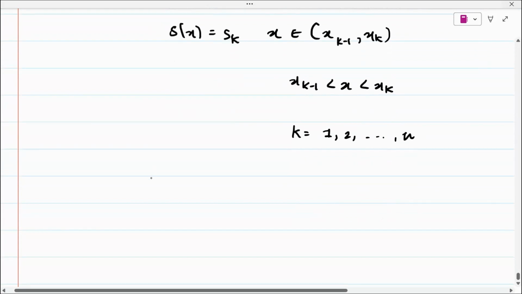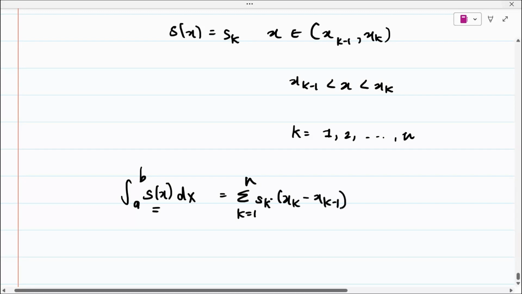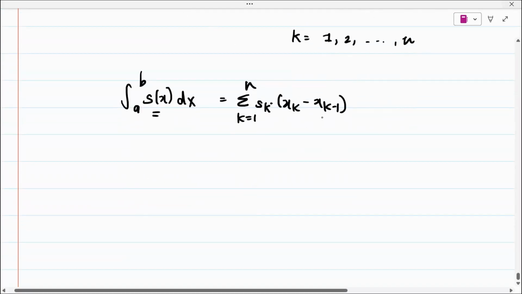So then, how do we define the integral? It is denoted by the symbol integral from a to b of s of x dx. This is the integral of this step function, which is equal to the sum from k equals 1 to n of sk times (xk minus xk minus 1). So what this means is basically we add up tiny rectangles.